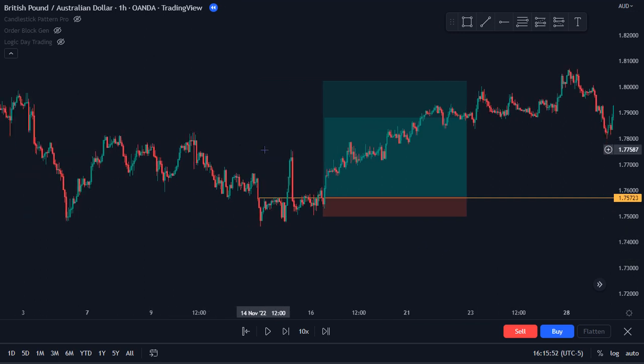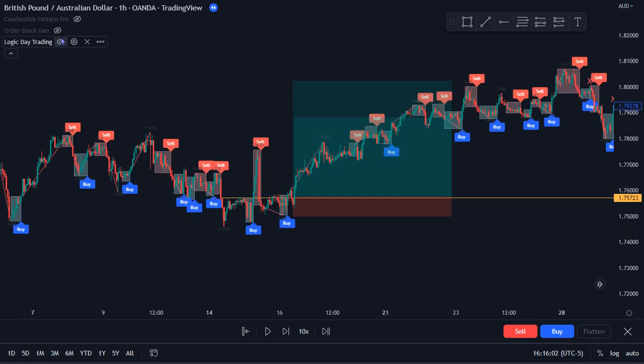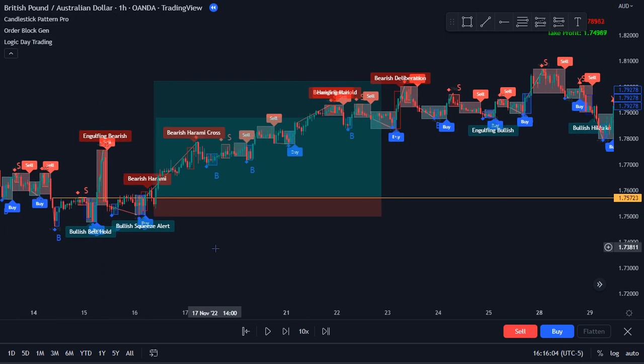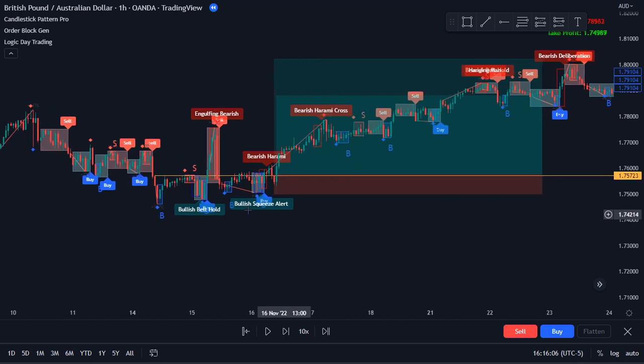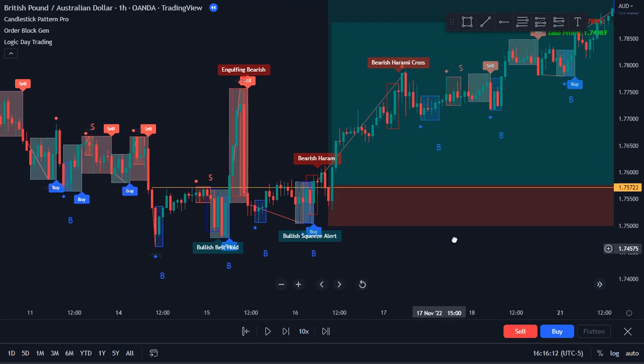So I wanted to point out this example here on the British pound, Australian dollar chart of these three indicators lining up. It's very easy to see zones that are drawn out, and very easy to see when they do overlap and have multiple confluences lining up with each other.